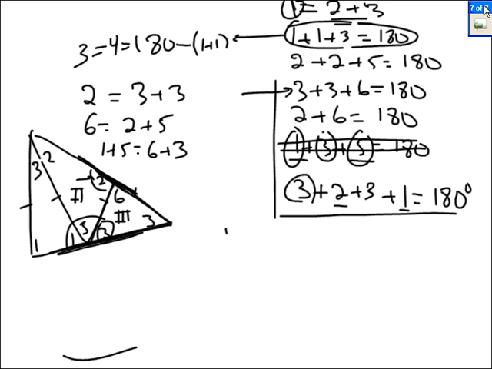That is, this one doesn't contribute anything. Now, this last one, we know that 3 plus 3 is 2. So 3 plus 3 is 2, plus the other 2, plus the 1. This is 180 degrees. 1 plus 1 plus 2 is 180 degrees.